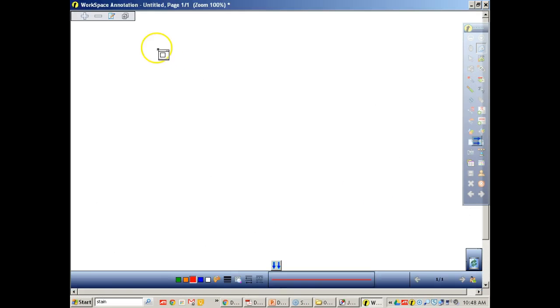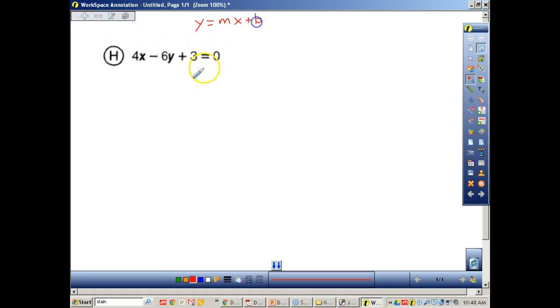H is a little weird. I want to show you H just because we didn't do any examples like that. But everything is on one side on H. So just keep in mind our goal is this. Y equals our slope, x, and then some number.